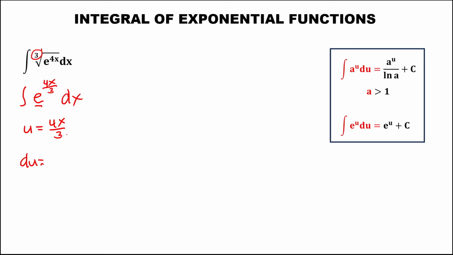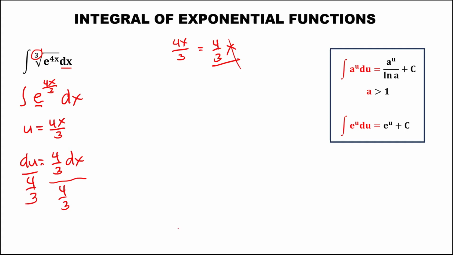So for the derivative of 4x over 3, we can write this one as 4 over 3 times x. And to find the derivative, we just need to drop this x. So this becomes 4 over 3 dx. Then to solve for dx, divide both sides by 4 over 3.